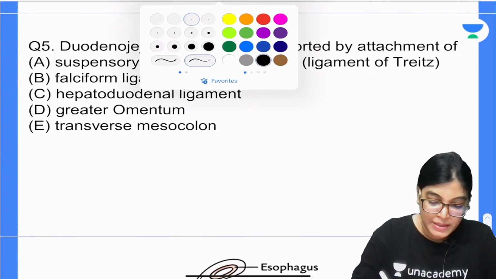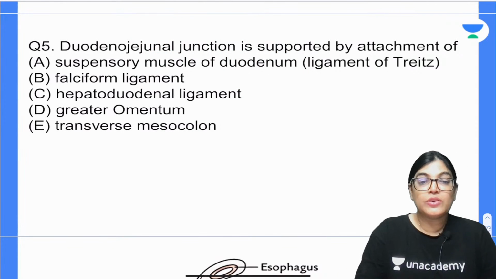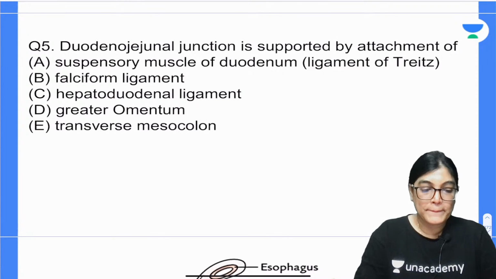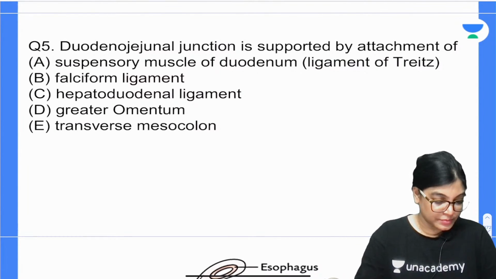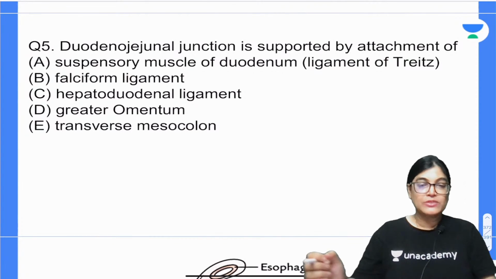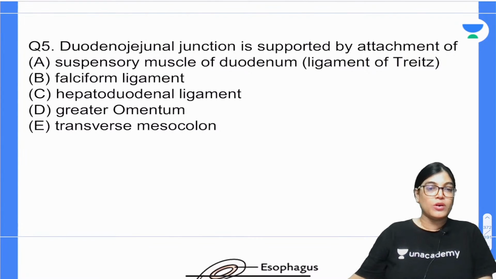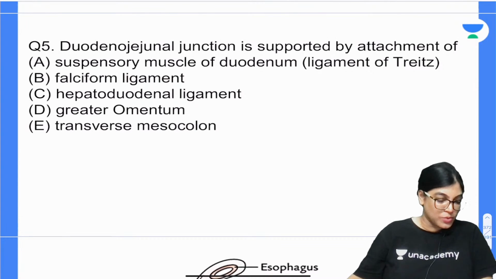Question number 5th, mark the correct answer. Duodenum jejunum junction is supported by the attachment of which of the following? Suspensory ligament or the falciform or transverse mesocolon, greater omentum.